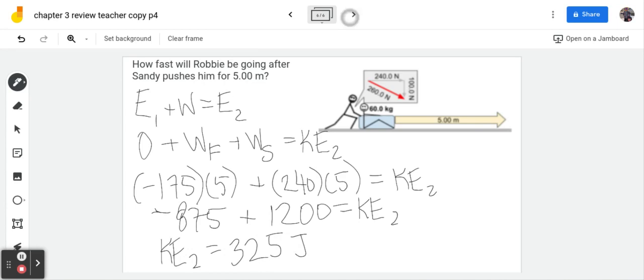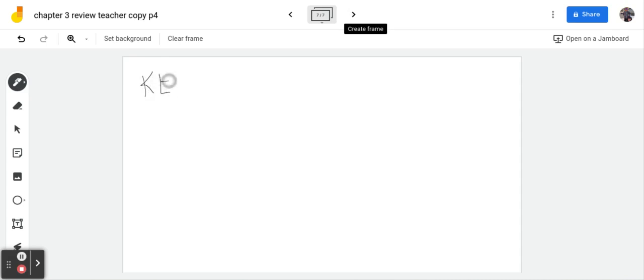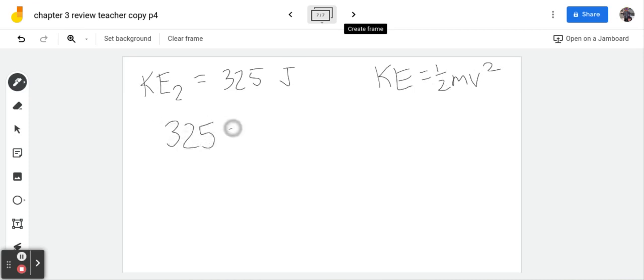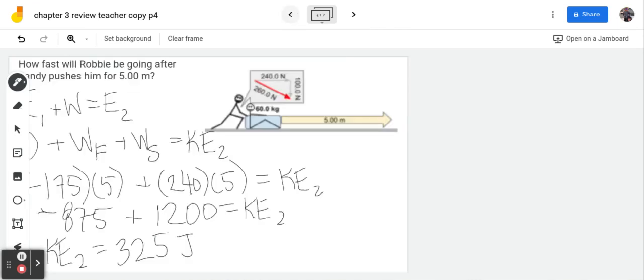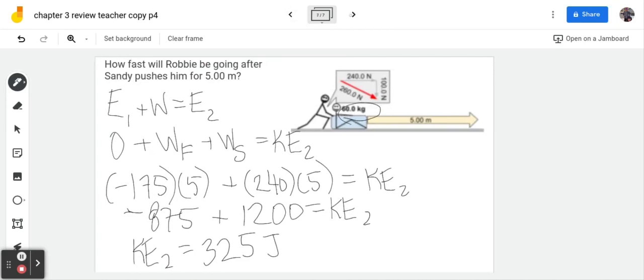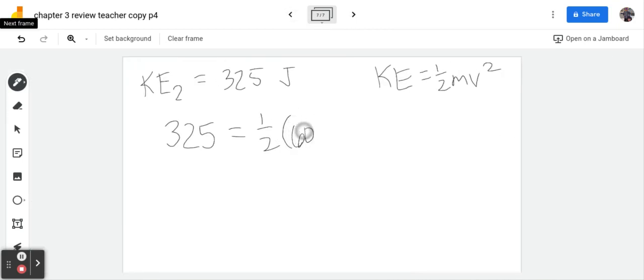I'm just going to get a fresh slide. And I'm going to put the kinetic energy formula, KE equals 1/2 mv squared. So I'm going to set 325 equal to 1/2 the mass. Mass is 60. 1/2 times 60 times v squared. 1/2 of 60 is 30.